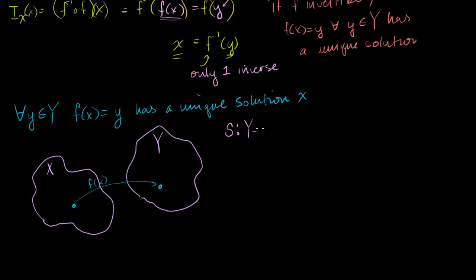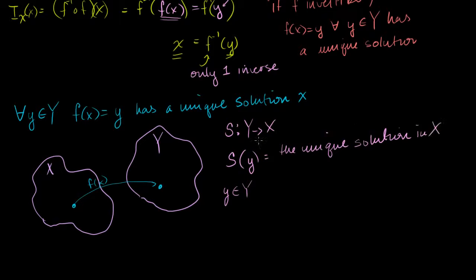And s of y, where of course y is a member of our set, capital Y, is equal to the unique solution in x to f of x is equal to y. Now you're saying, hey, Sal, that looks a little convoluted, but think about it, this is a completely valid function definition, right?